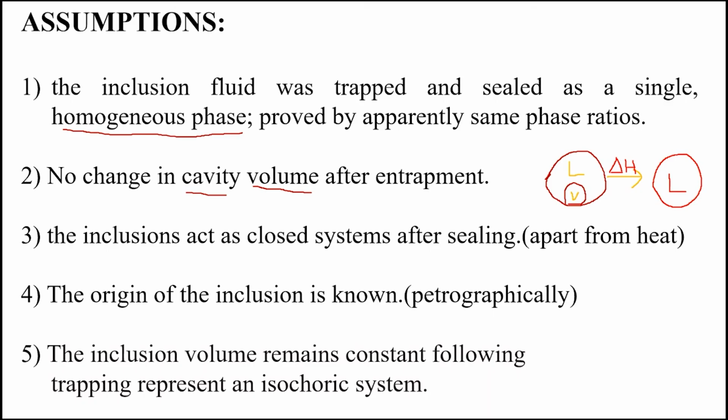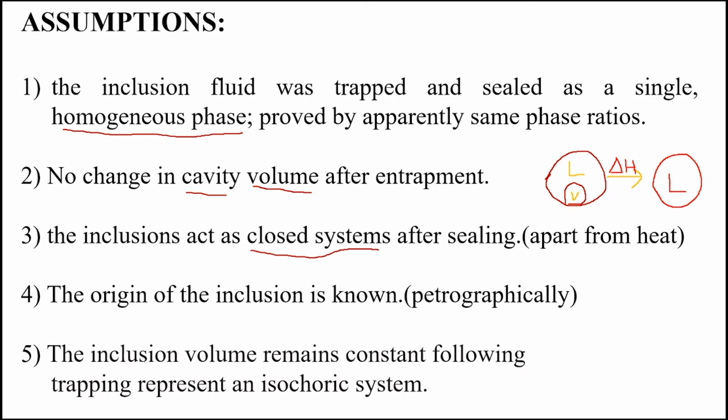When the fluids are entrapped within the cavity, there will be no exchange of mass with the outside of the cavity. So we can call them a closed system, and there will be some exchange of heat. So these are not exactly isolated, but they are called a closed system.